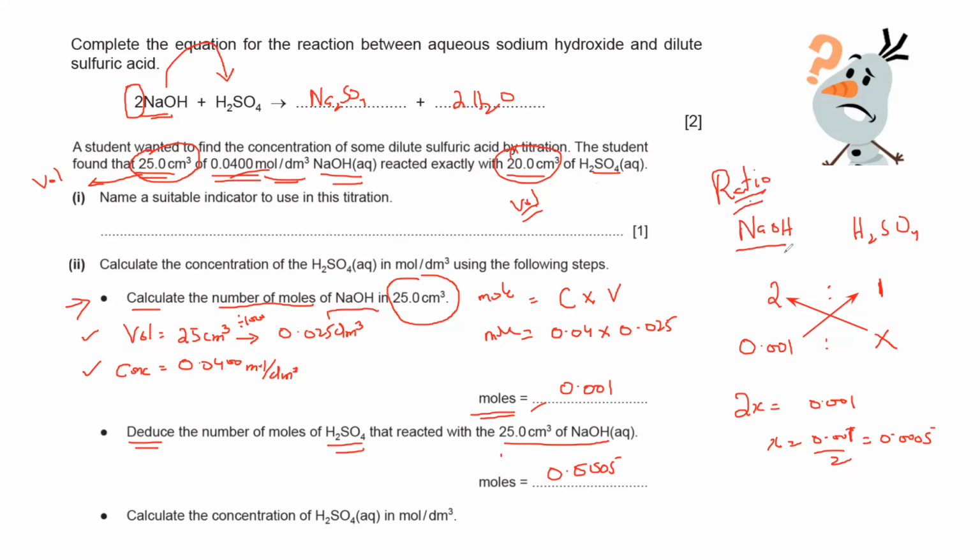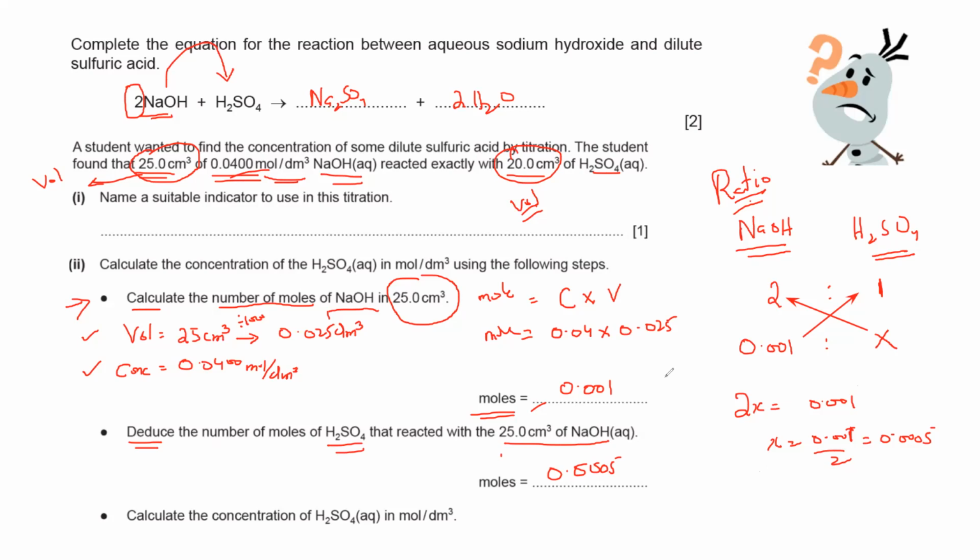So we have sodium hydroxide and we are finding sulfuric acid. The ratio according to the equation is 2 is to 1. So if 0.001 moles of sodium hydroxide, then x moles of sulfuric acid will be there, which will be 0.0005. Then the last part, we need the concentration.